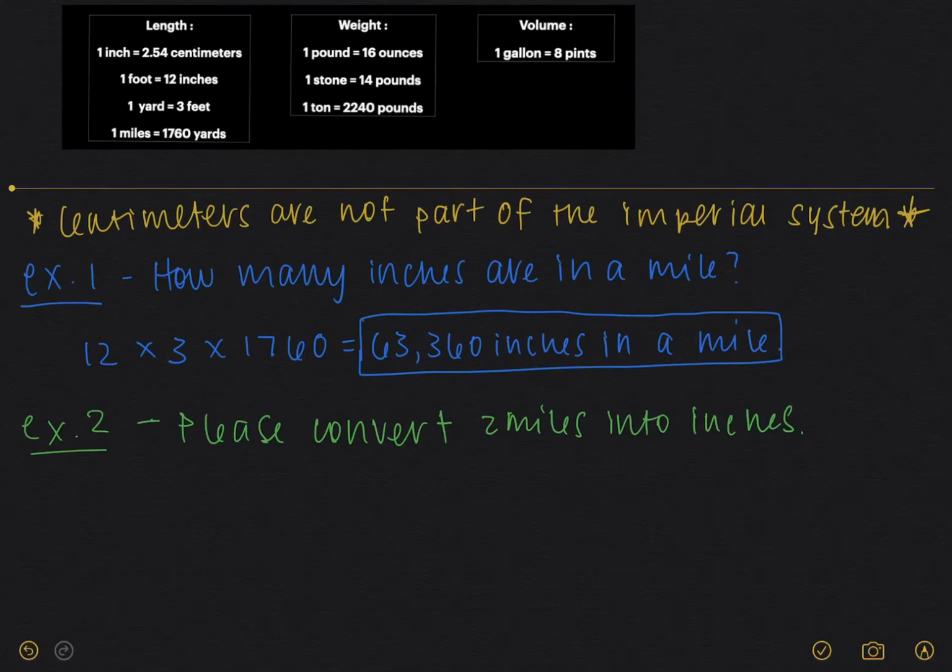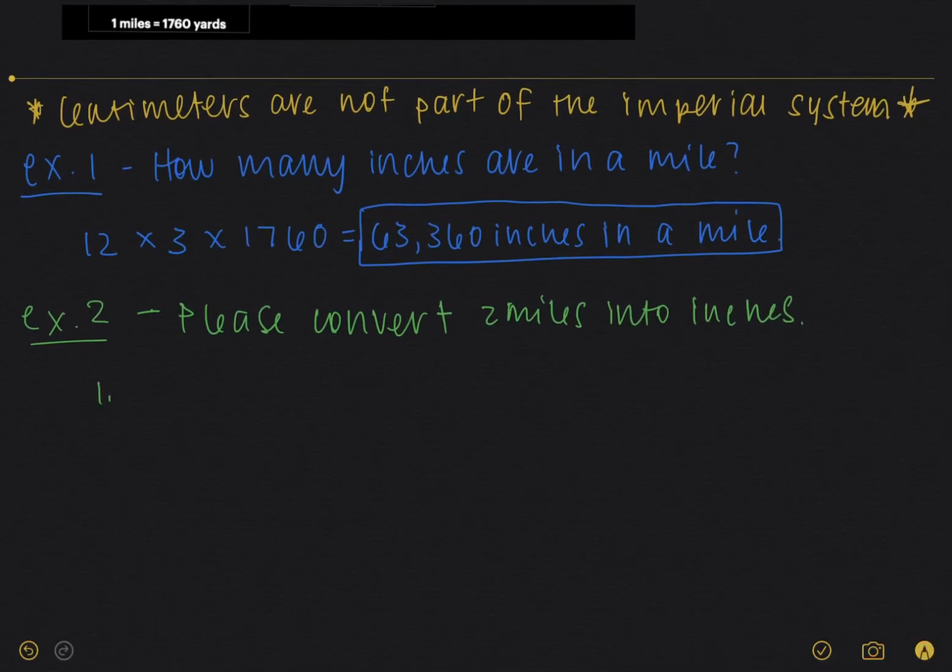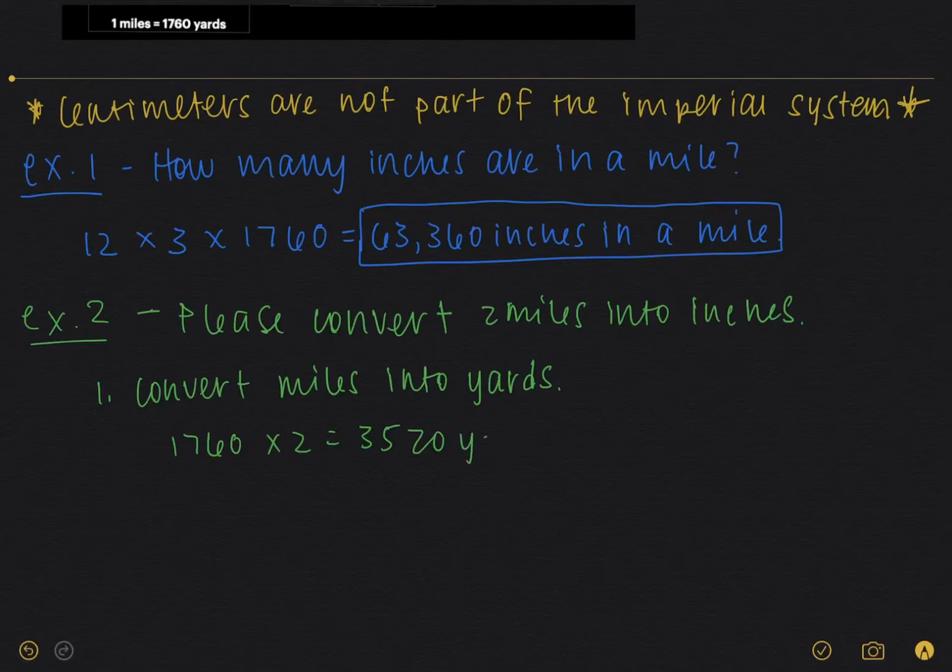Okay, so step 1, we're going to convert miles into yards. So since we're dealing with 2 miles, we're going to take our 1,760 times 2, and we're going to know that we have 3,520 yards in 2 miles. Okay?